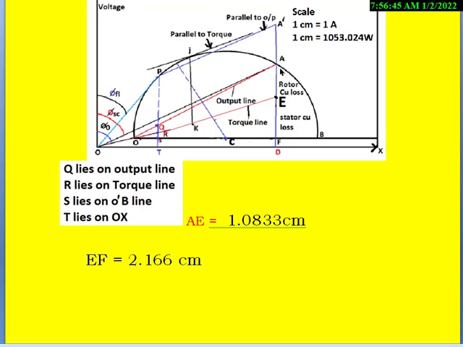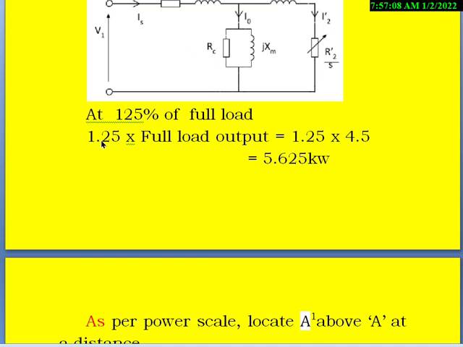To draw this, we should calculate the full load output at 1.25 times, that is 1.25 into 4.5 kilowatts. 4.5 kilowatts is the full load output given in the data. At 125%, the output is 5.625 kilowatts. And we know the power scale.